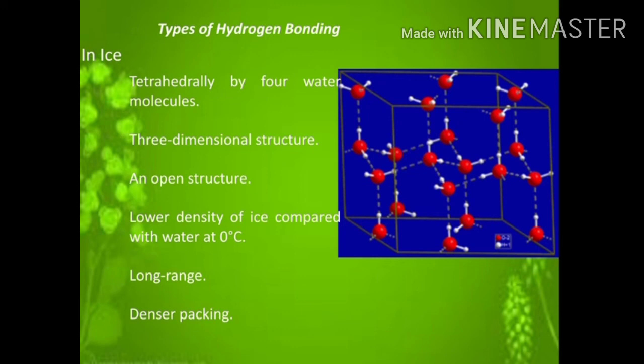This arrangement creates an open structure which accounts for the lower density of ice compared to water at 0 degree Celsius. While in liquid water, compared to ice where hydrogen bonding covers a long range, the stronger hydrogen bonding prevails only in a short range and therefore there is denser packing arrangement.